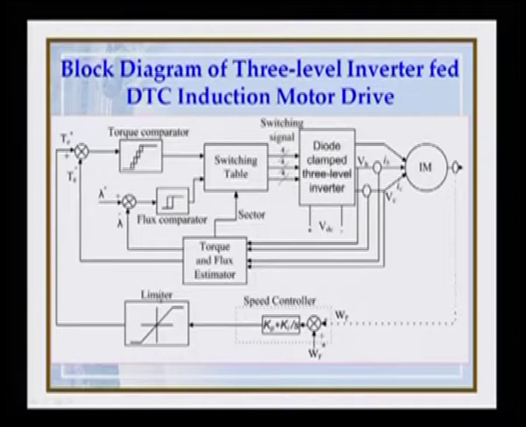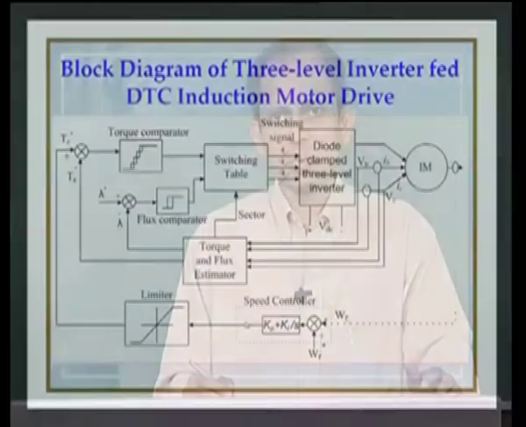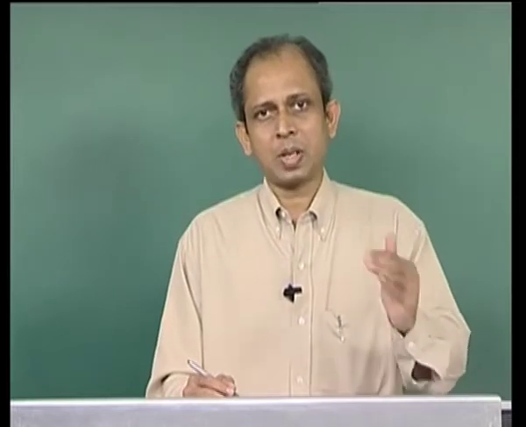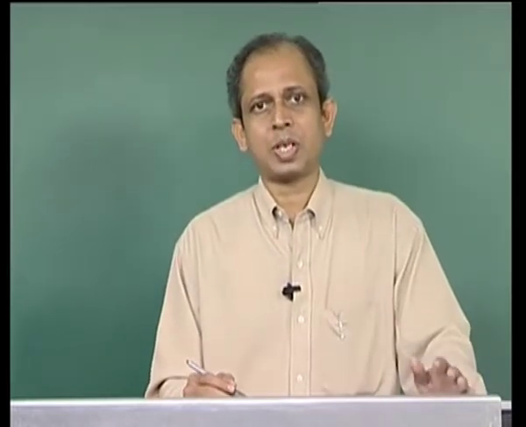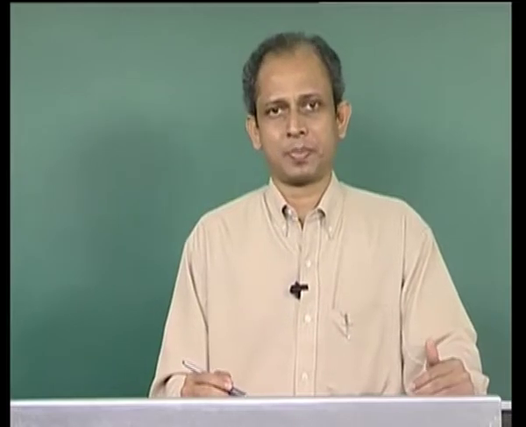And then we have a limiter, because this PI controller can sometimes integrate the error which may reach a very high value. So, to limit the torque to a practical limit, we limit the torque to a positive limit and a negative limit.